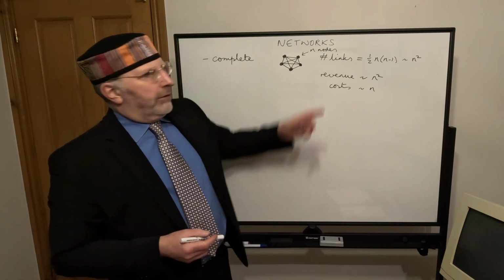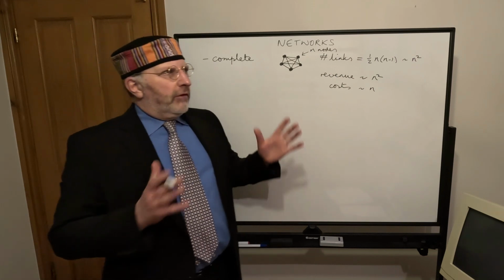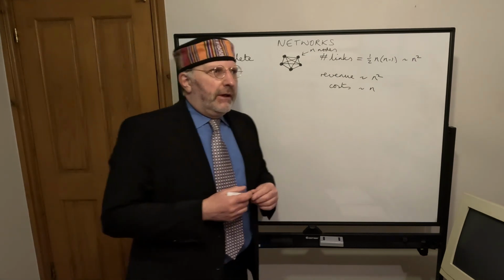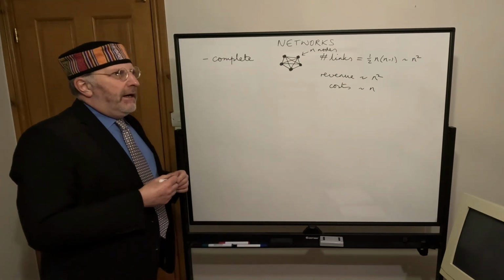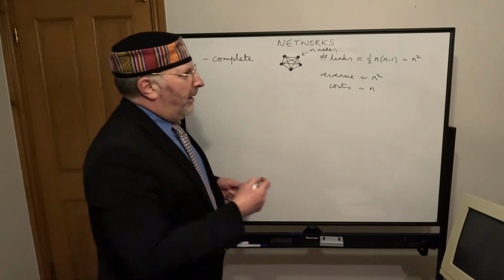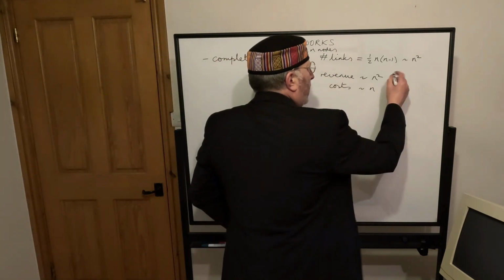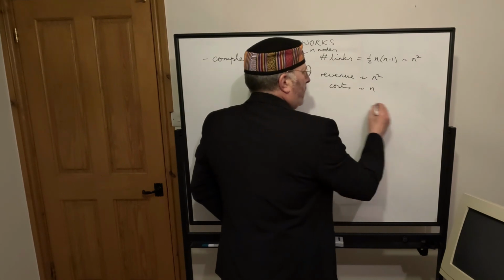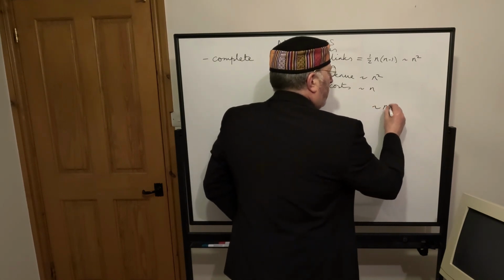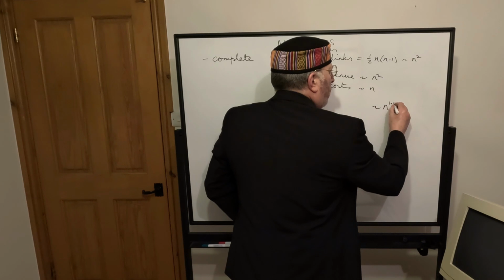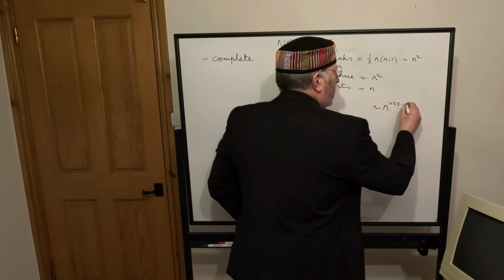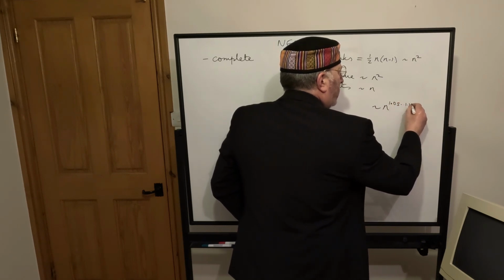So you're not getting complete networks as you go up in size in reality of, say, cities. But what is found is that it's proportional to something like n to the 1.05 or something up to maybe 1.15.